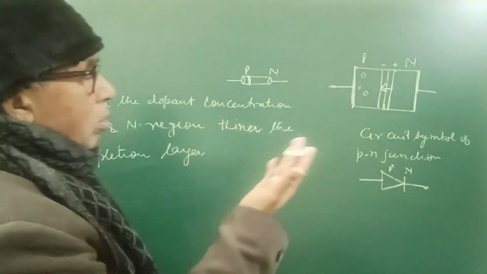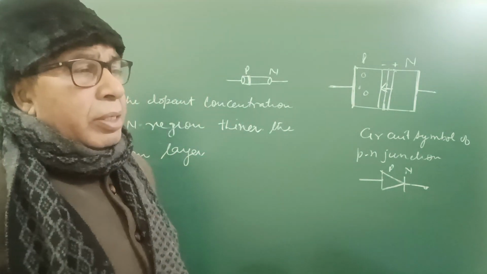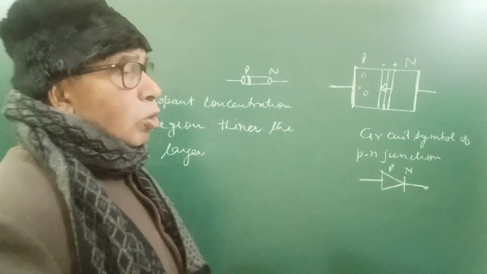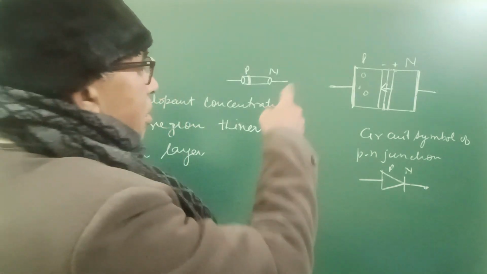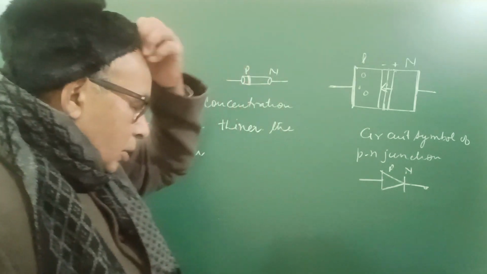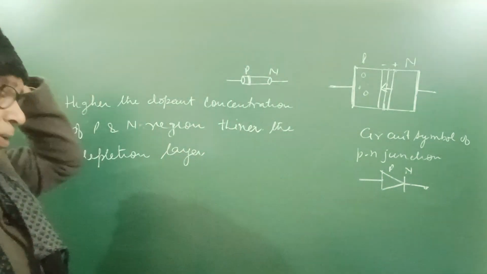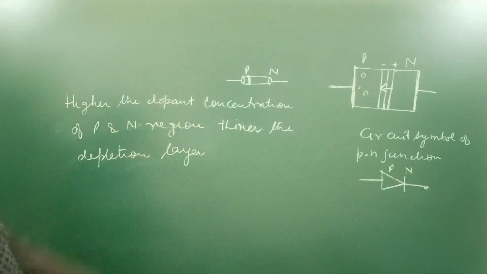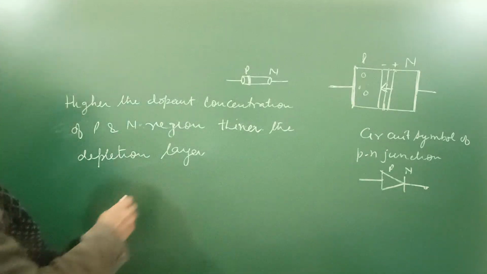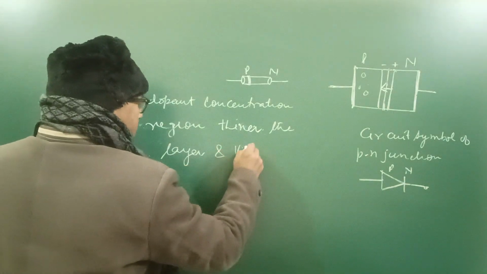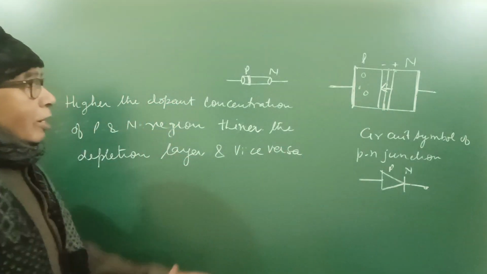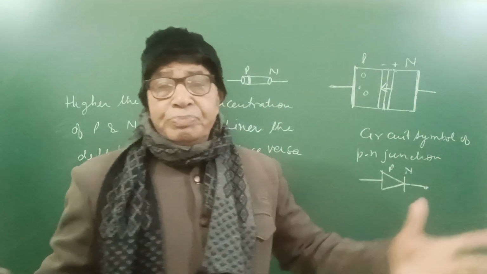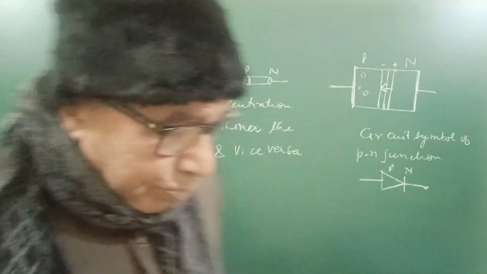Because from a small region, the number of required electron-hole pairs depleted will create a net junction field, which is required to maintain equilibrium, and vice versa. Vice versa means the smaller the dopant concentration, the thicker the depletion layer.